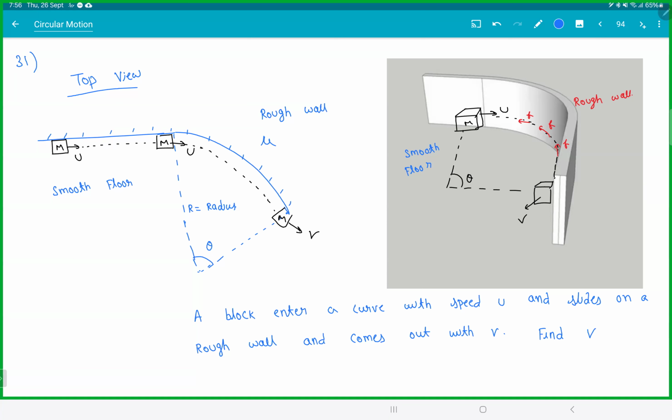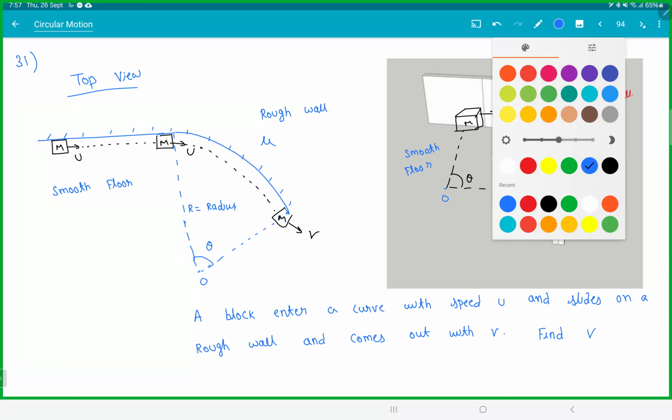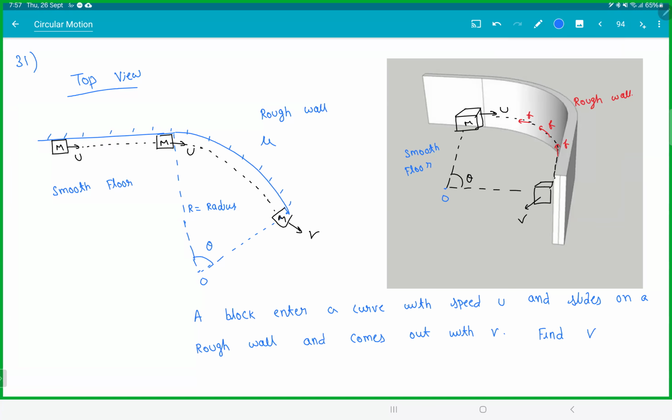Anyone didn't get the diagram, please ask me. Picture is clear, right? Hope everyone got the view.